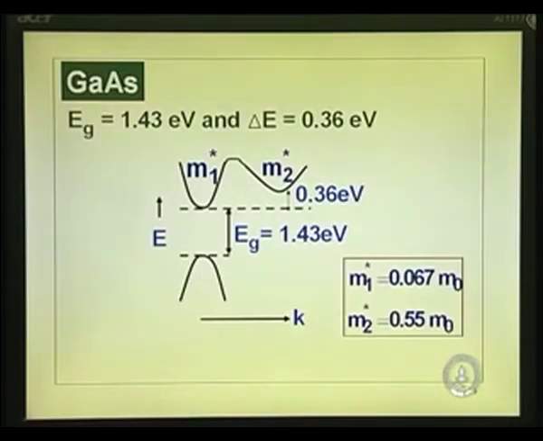Now, we have to take a look at some results which we borrow from physics. This diagram I had projected earlier. This region is the bottom of the conduction band, and what you draw here is the energy versus momentum, energy upwards, momentum k on the x axis.